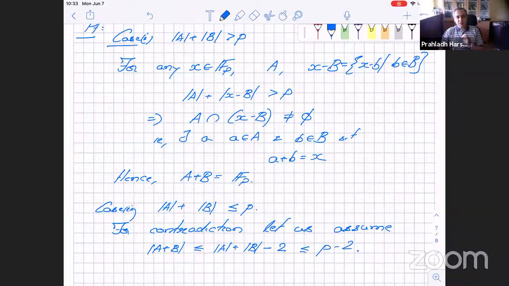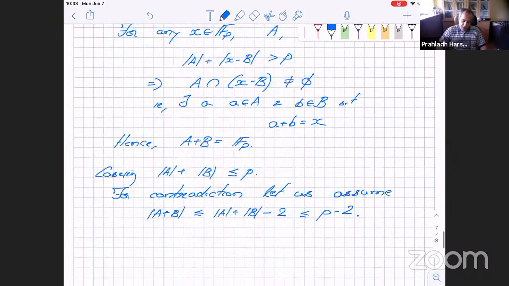Just for contradiction, let's assume this. So let C be any superset of A plus B such that the size of C is exactly size of A plus size of B minus 2. If A plus B is not already of that size, just add more elements.